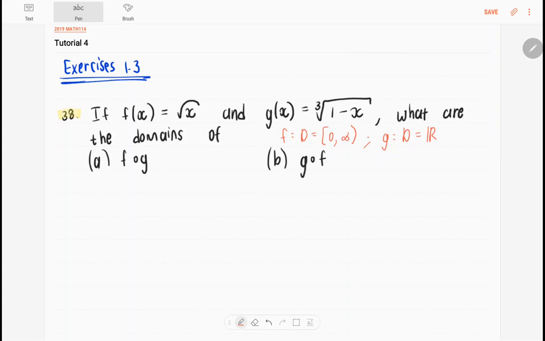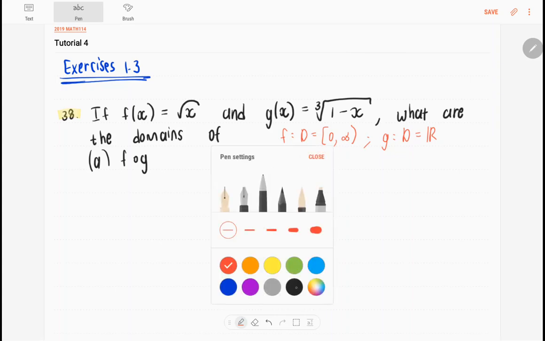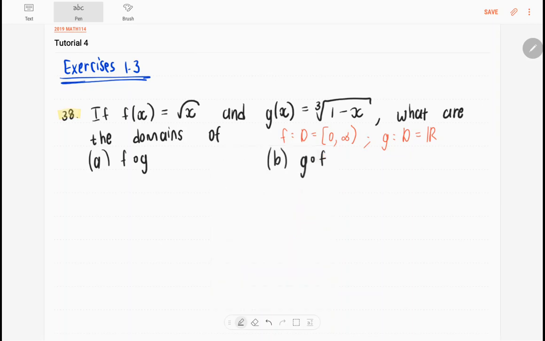Okay, let's now look at f's composition with g. So f's composition with g of x is f at g of x, which is f of the cube root of 1 minus x, and the function f is the square root.